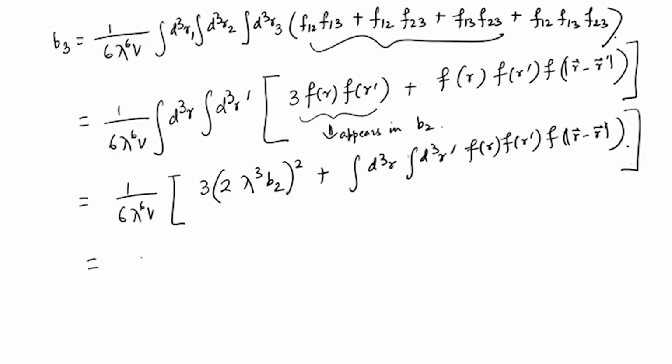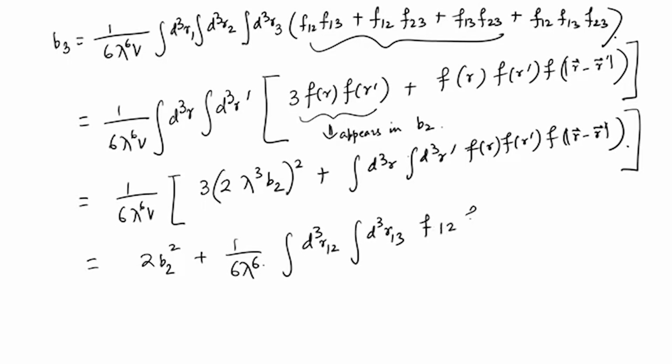So, this simplifies to 2 B2 square plus 1 by 6 lambda to the power 6, and then there is a d cube R12, d cube R13, and we have integrated over one of the volumes, that is d cube R23, and that leaves us with F12, F13, F23. Where your B2 is given by 1 by 2 lambda cube d cube R f of R, which is what we have seen earlier. Okay. So, there is an integration over the volume.